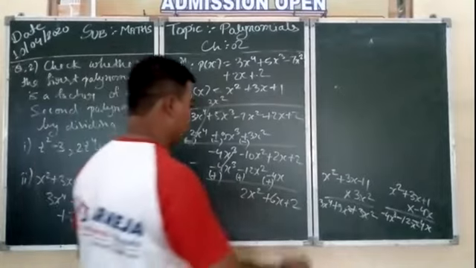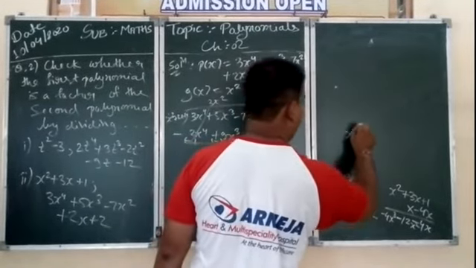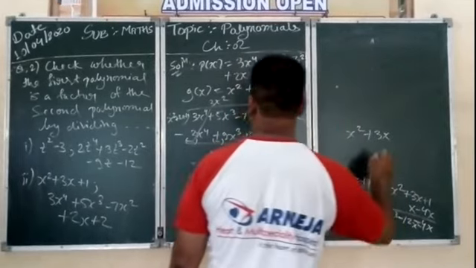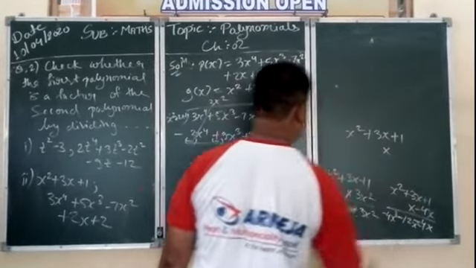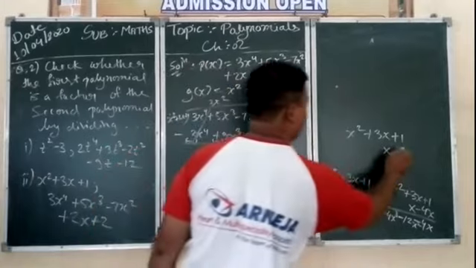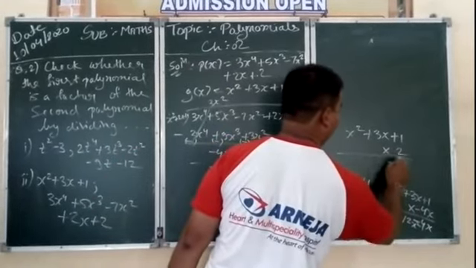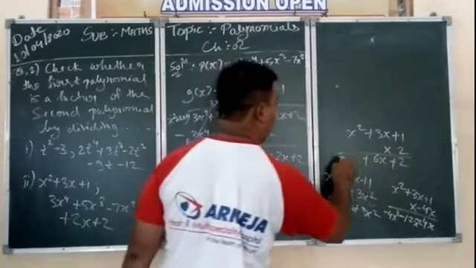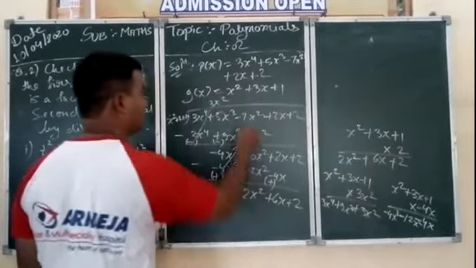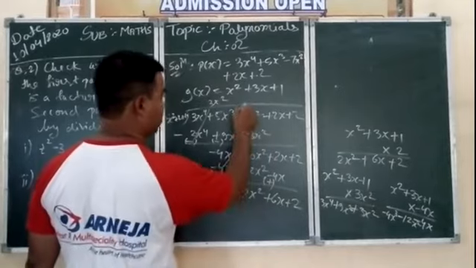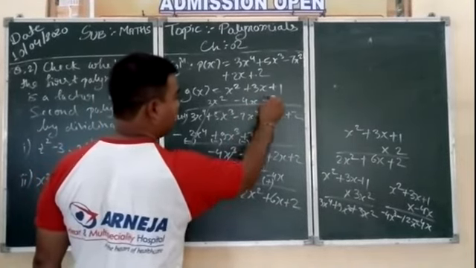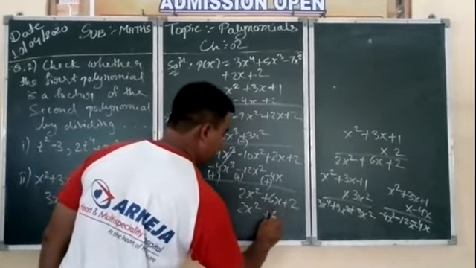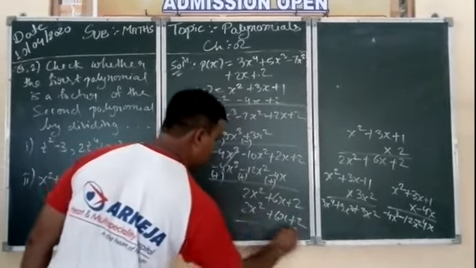Now again, x square plus 3x plus 1 multiplied by 2 gives 2x square plus 6x plus 2.